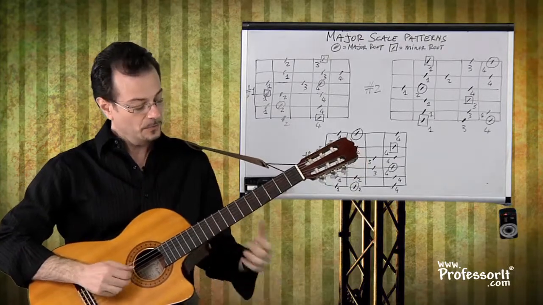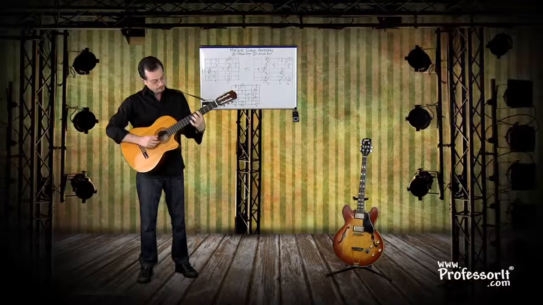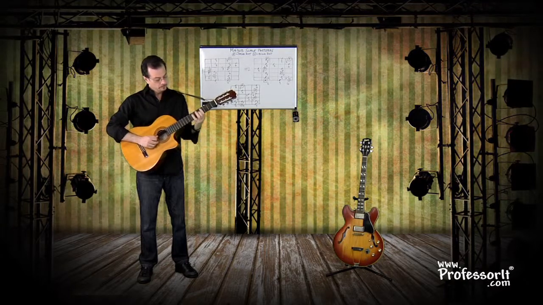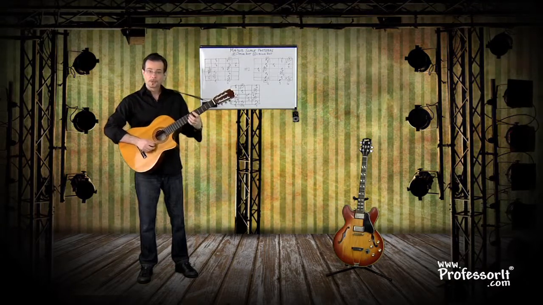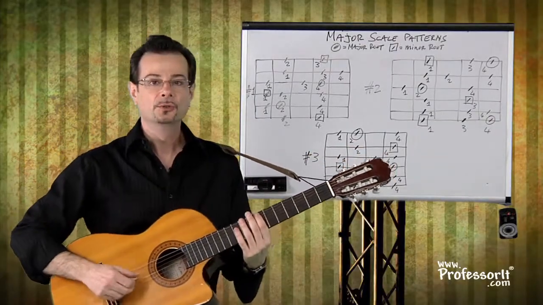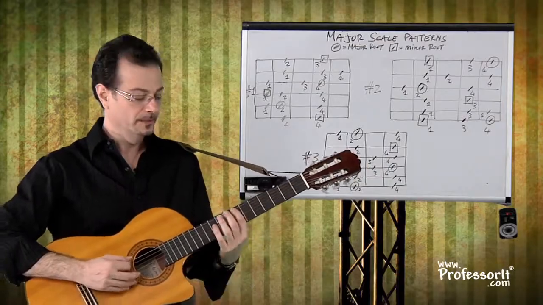Very good. And these are the roots, the minor root and the major roots. Okay? Pattern number 3, you guys. 1, 2, 3, and go, and.